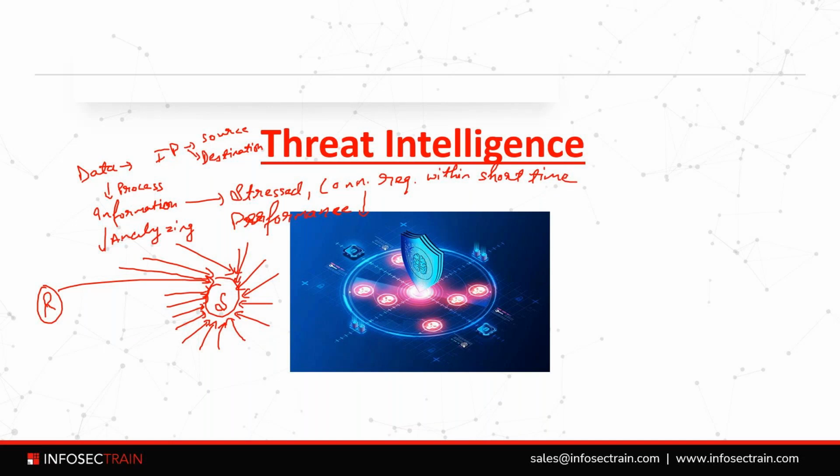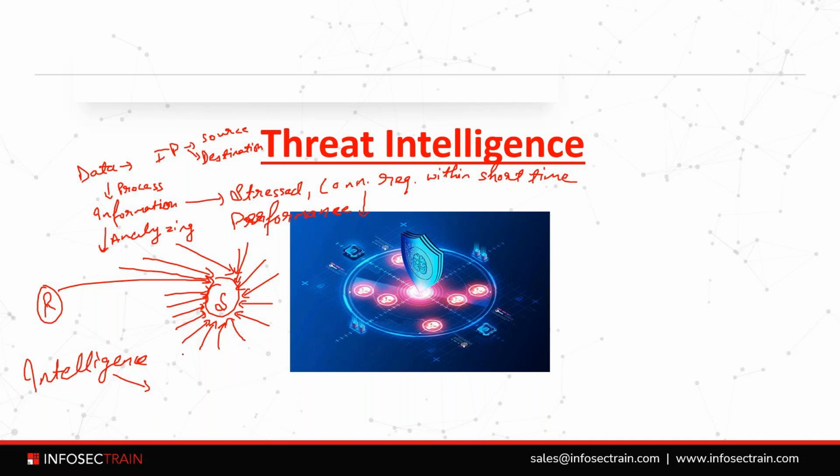So as per this information, when you analyze this, what intelligence do you get? What kind of an attack is happening over here? The server is receiving lots of connection requests in a short amount of time, due to which it is feeling stressed and its performance is decreasing.